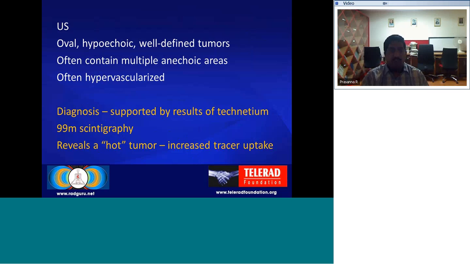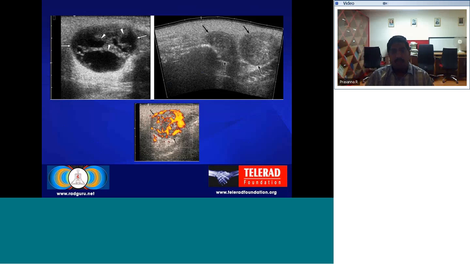By imaging, on ultrasound, we see oval, hypoechoic, well-defined tumors. They have multiple anechoic areas, something like a complex cystic appearance, and are hypervascularized. Diagnosis typically can be made by technetium-99m scintigraphy, where it is diagnostic when we see a hot tumor with increased tracer uptake.